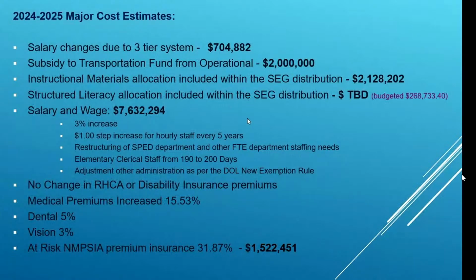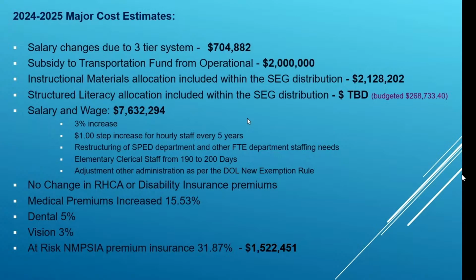The other thing is there was an increase of $7.6 million to our salary and wages. This includes a 3% increase. There's a $1 step increase for hourly staff within every 5 years. There was a restructuring of the SPED department and other FTE department needs that were budgeted.